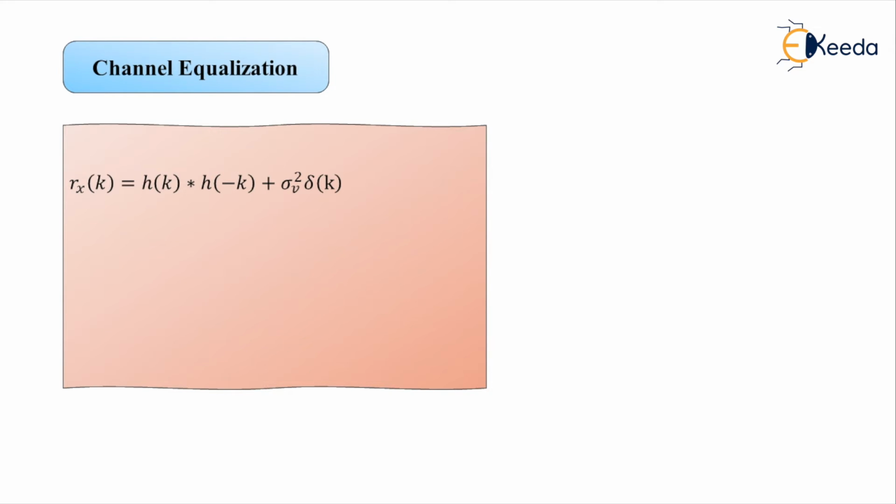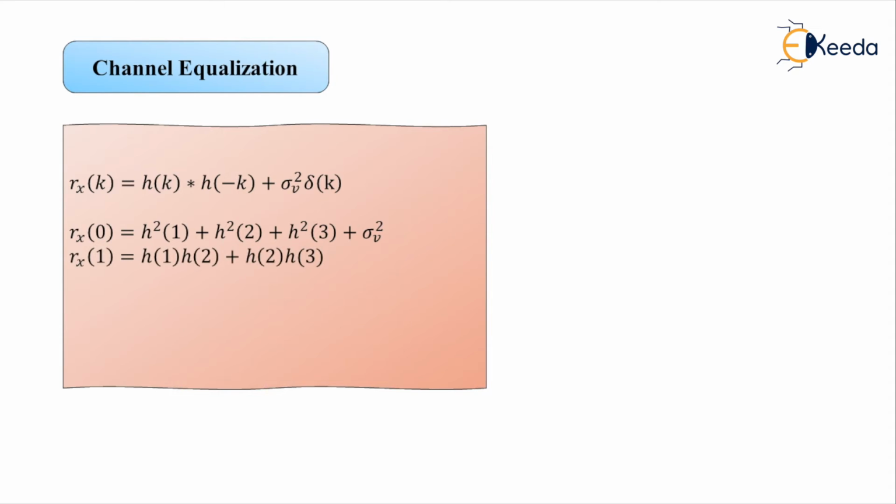And since h of n is non-zero only for n equal to 1, 2, 3, we have Rx of 0 is equal to h square of 1 added to h square of 2 added to h square of 3 added to the variance sigma suffix v square. Rx of 1 is equal to h of 1 into h of 2 added to h of 2 multiplied by h of 3. Rx of 2 is equal to h of 1 into h of 3, and Rx of k, the autocorrelation value, will be equal to 0 for all values of k greater than 2.